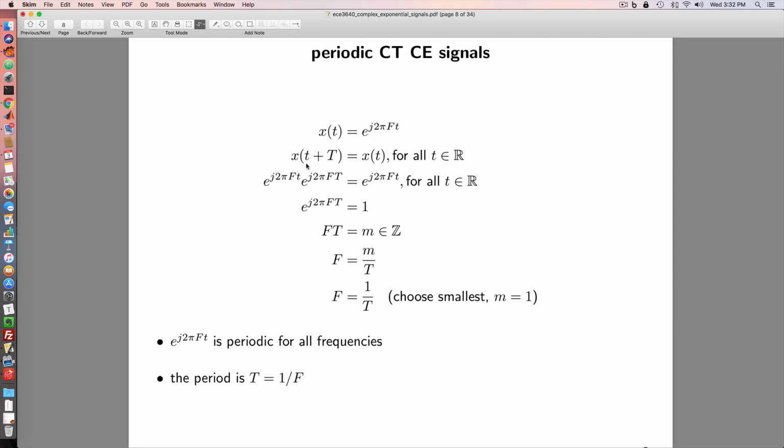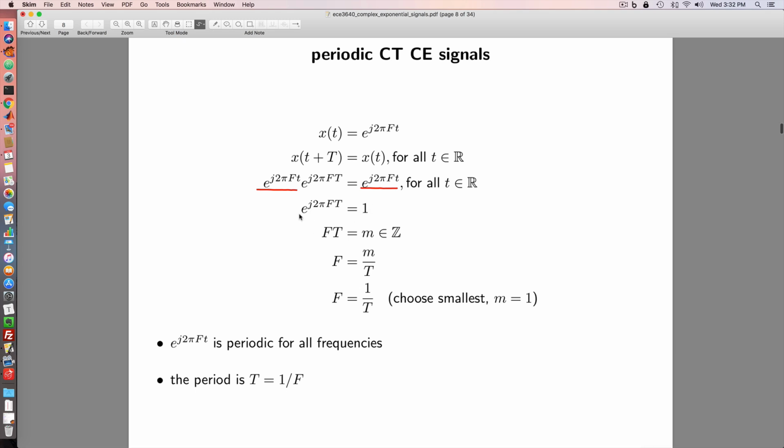If we just do a variable substitution into the formula for the complex exponential, you can see that this piece and this piece appear on both sides of the equation, so we can cancel that from both sides. Then it must be true that this complex exponential is equal to 1. The only way that can happen is if the argument of that complex exponential is equal to some multiple of 2 pi.